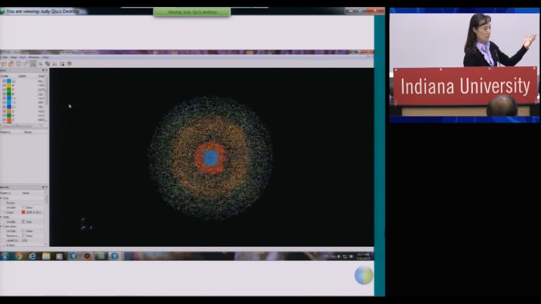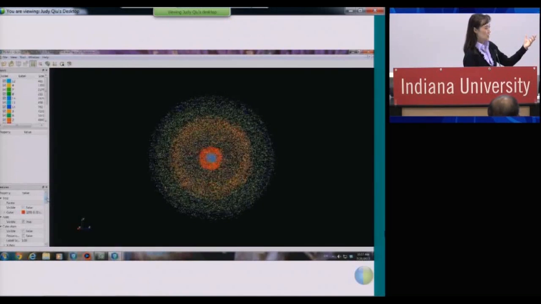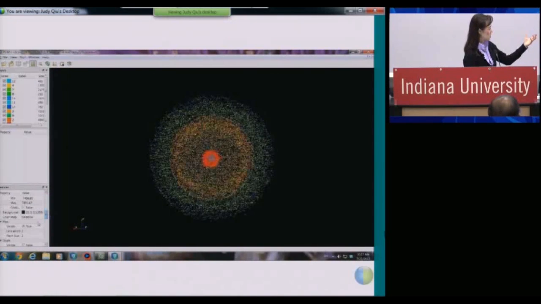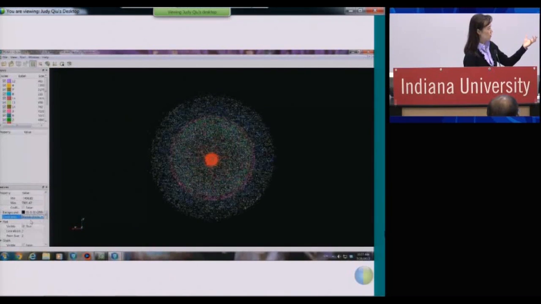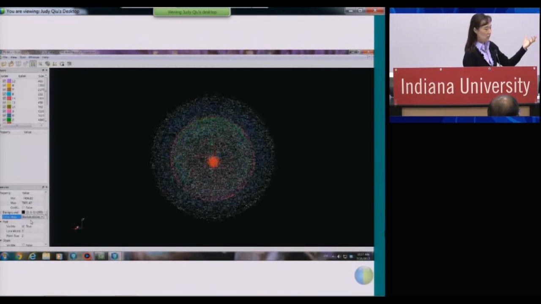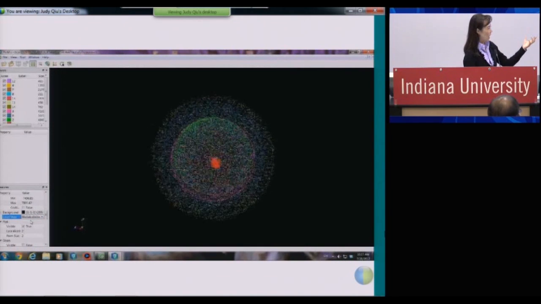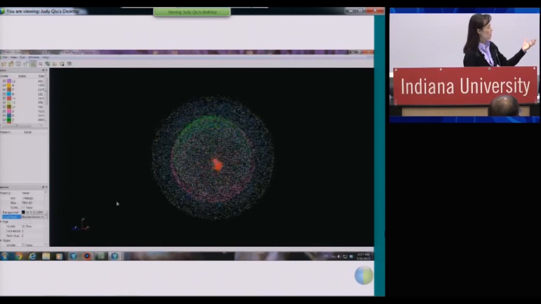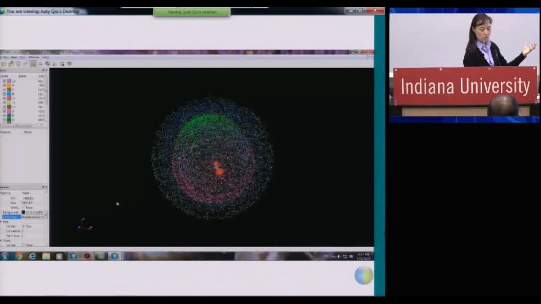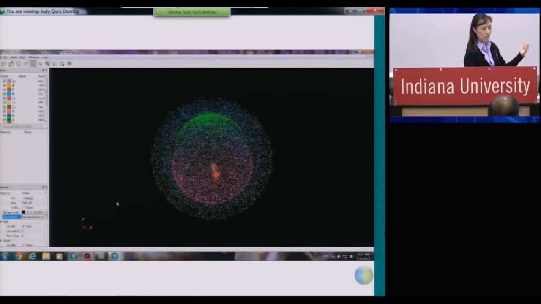Initially, this 30,000 genomics data set is kind of a mess. With each iteration of refinement, you can see the data structure getting clearer and clearer. At the end of the iterations, you can find that clearly there are clusters at different levels, colored by different colors.